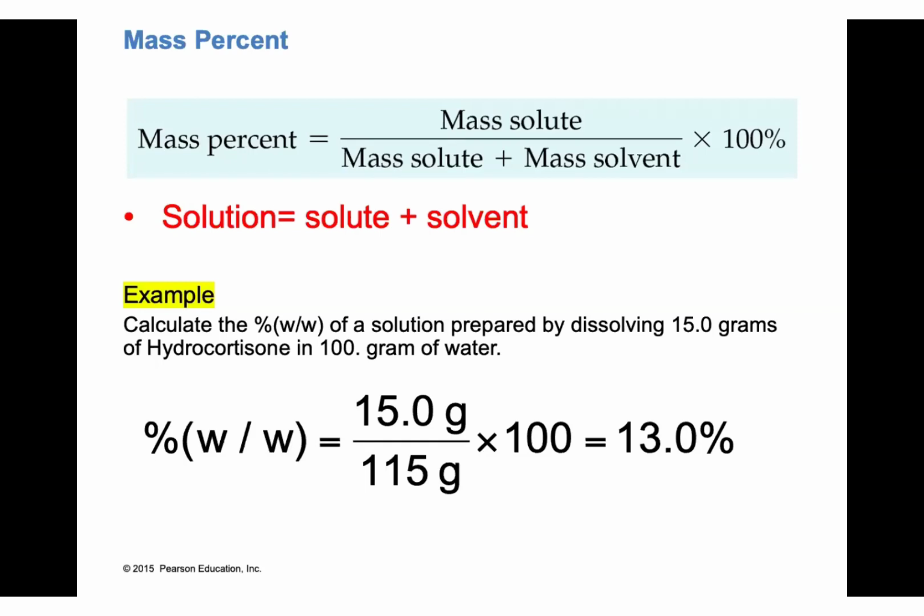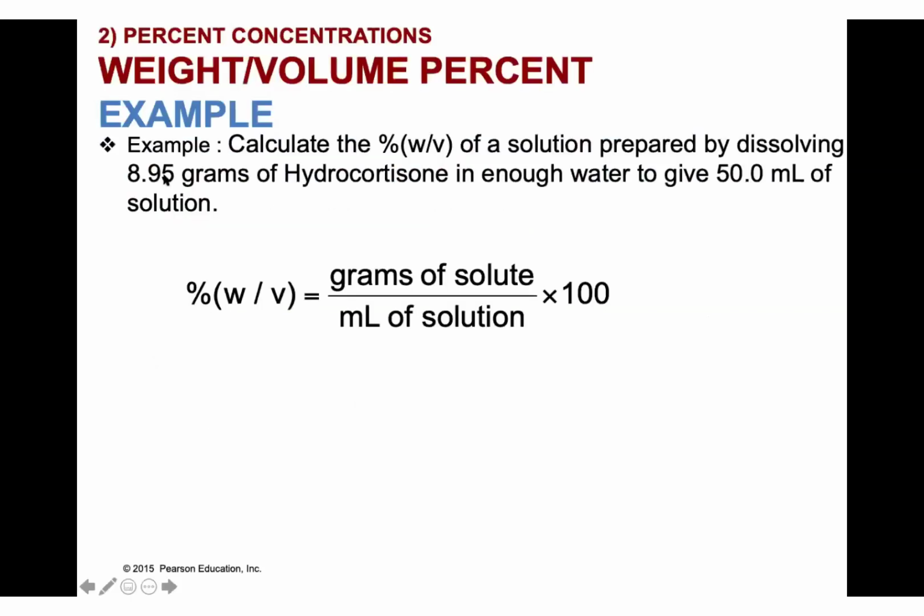Okay, so let's go to another percent concentration, weight over volume. Weight over volume is gram of solute over milliliter of solution times 100. So let's do a question of it. Calculate the weight over volume percent of a solution prepared by dissolving 8.95 gram of hydrocortisone in enough water to give 50 milliliter of solution.